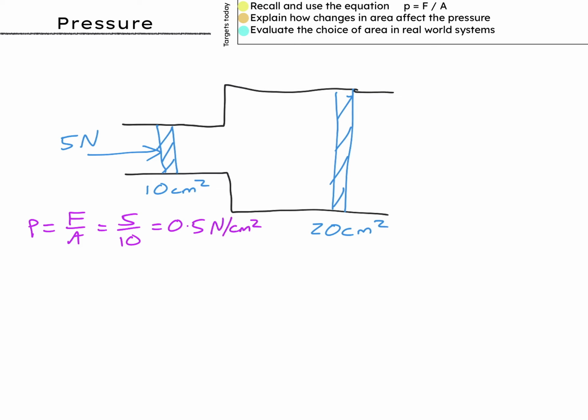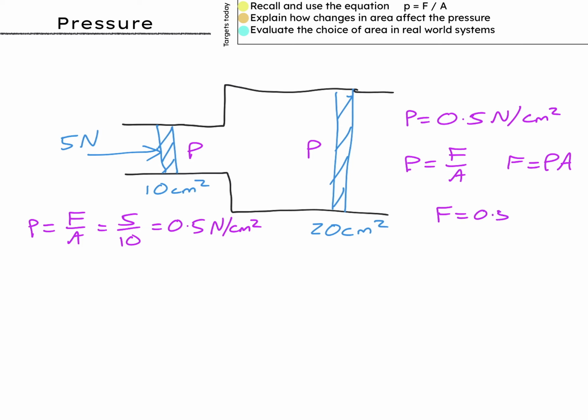Okay? This pressure is transferred through the liquid perfectly, so the pressure on the right is also 0.5 newtons per centimeter squared. Now the force on the right is going to change. Using P equals F over A, so F equals PA, now we have F equals 0.5 times 20 equals 10 newtons. The right hand side is going to push with twice the force of the left.